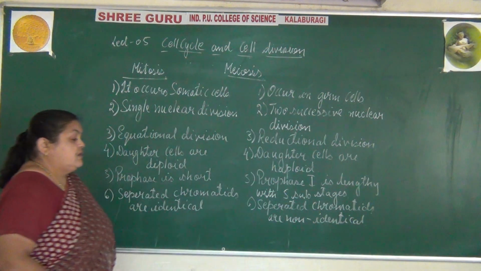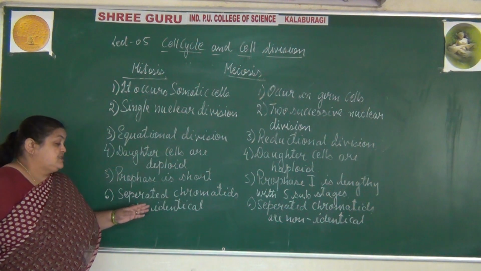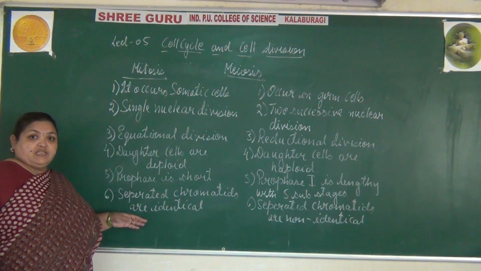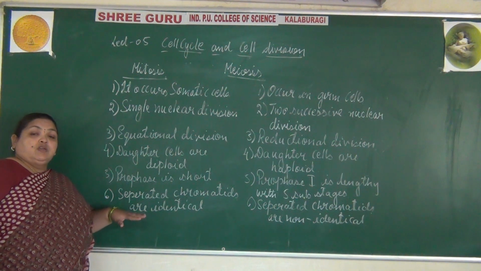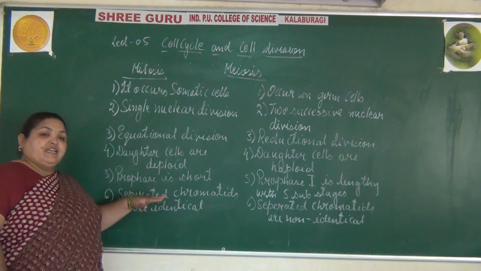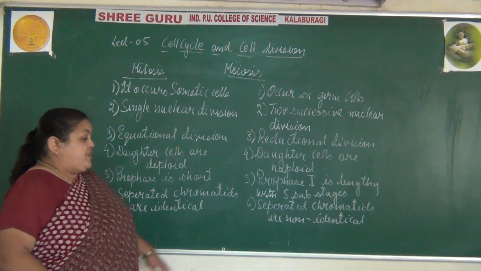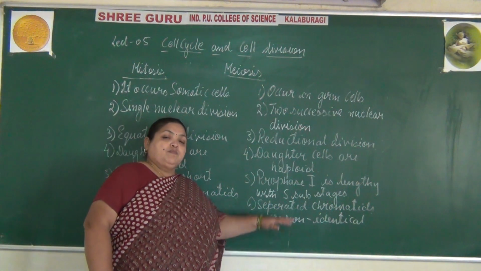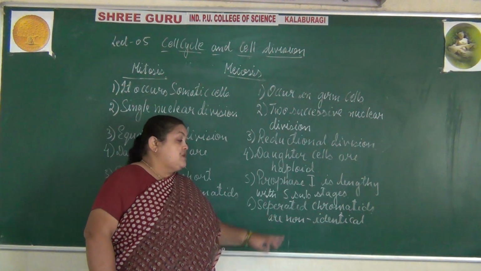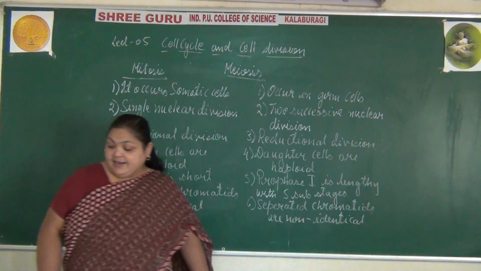They are not identical. When there are no processes like crossing over or synapsis or chiasmata, there is splitting of the chromosomes and the chromatids get separated and are identical. But as crossing over occurs, there is exchange of segments. So when the chromatids get separated, they are non-identical.